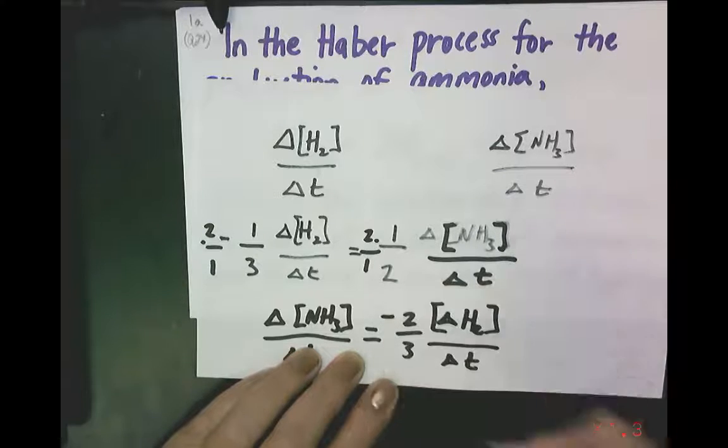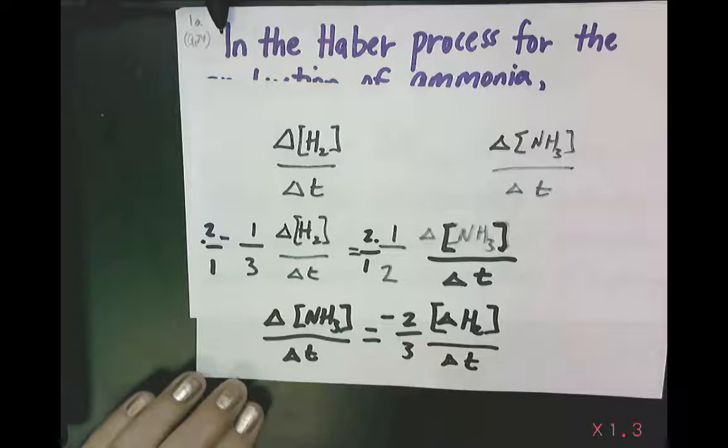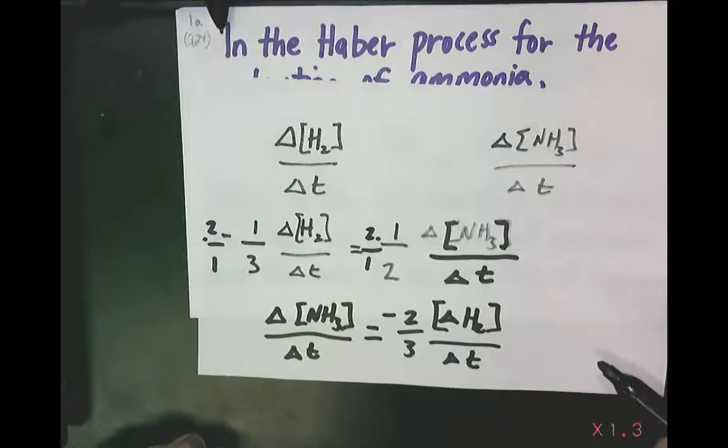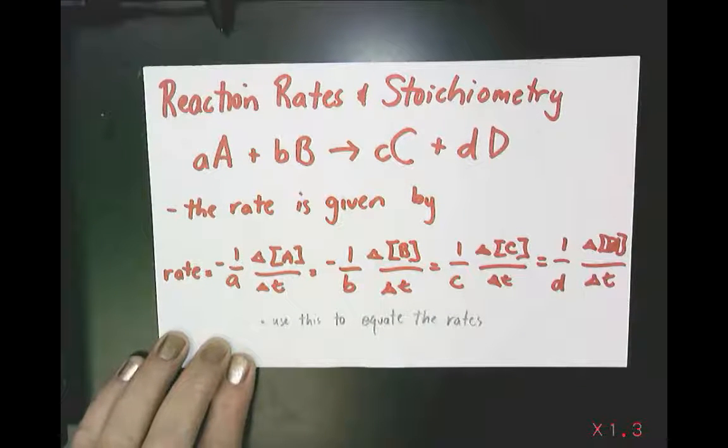And the negative, again, shows it's being consumed. So ammonia is produced at a rate of 2/3 the rate of the hydrogen being consumed. And that's how those problems work. You just have to remember to use this mathematical relationship to solve that.